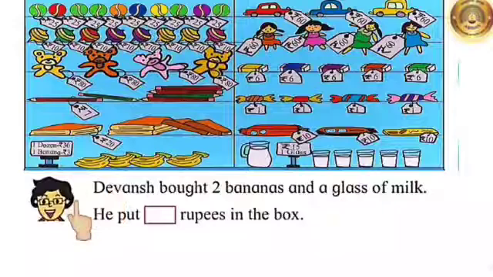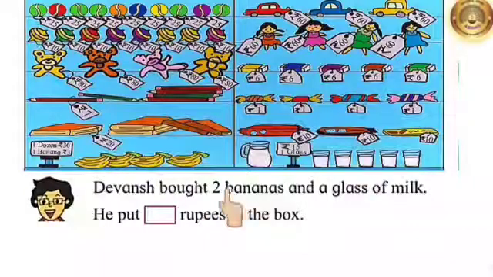Next comes Devansh. Devansh came and bought 2 bananas and a glass of milk. Then what will be the total amount? Let us count. What is the cost of 2 bananas?